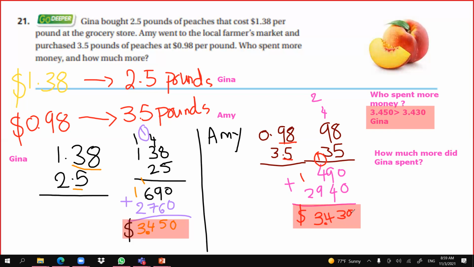It means subtract. Gina bought more than Amy, so you have to subtract 3.450 minus 3.430. So remember, how much more is a keyword that means you have to subtract.